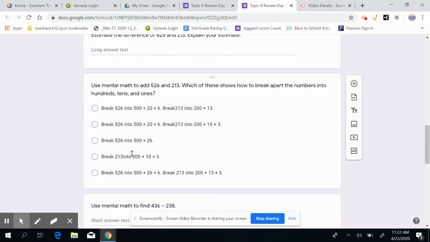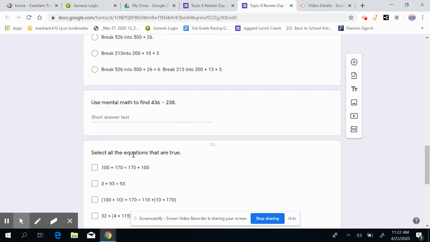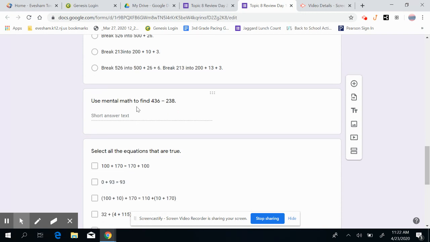Let's see. What else did I notice? Okay, so use mental math to find 436 minus 238. Now, they don't want you to just subtract 436 minus 238, right? They want you to use some type of mental math skill. So what would make sense? Could you do 430 minus 230 and then subtract, and then add on, or 240?